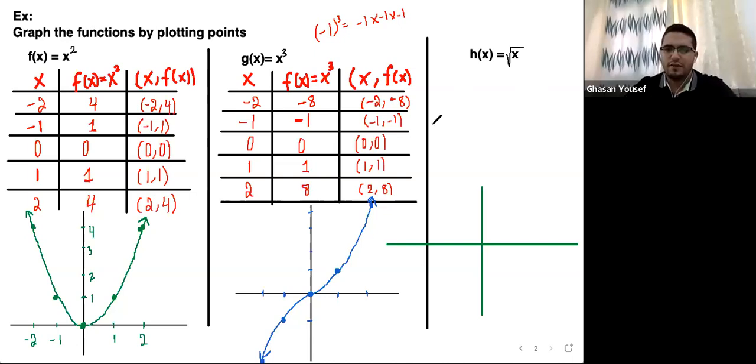Okay, so now for another function, h of x equal the square root of x. Again, I'm going to do the table, same idea. Here is the table.